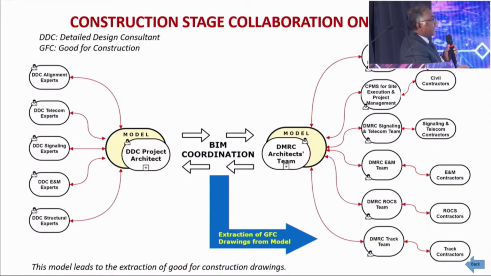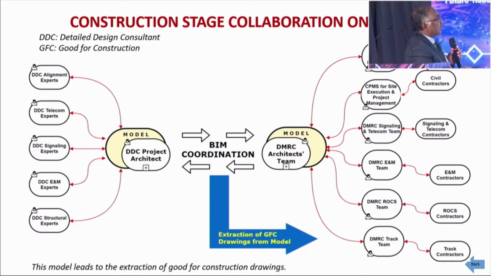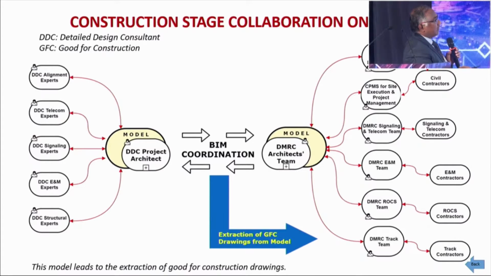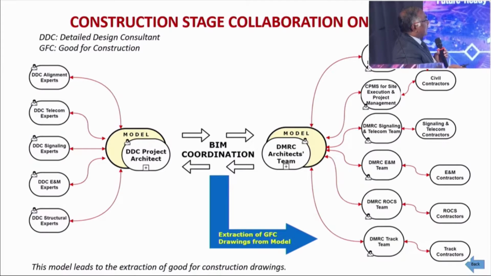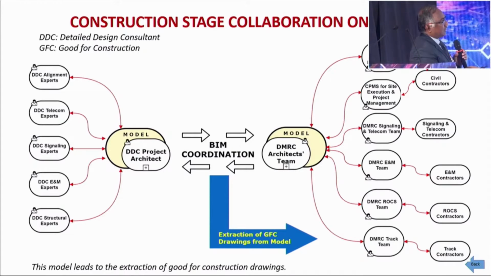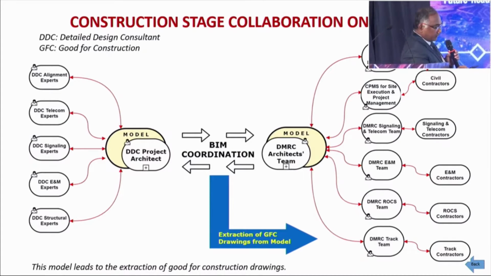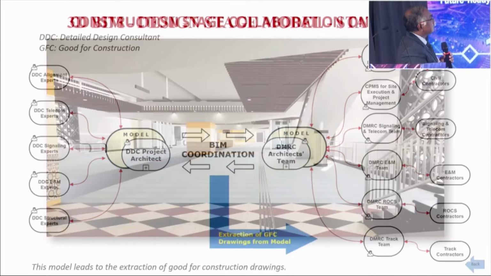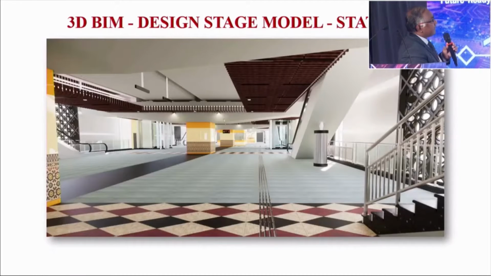Then when it is handed over to the DMRC, our HODs check all the designs, and all clashes are sorted out. Then the final architecture models are handed over to the contractors for structural BIM modeling. So this is a design stage model.